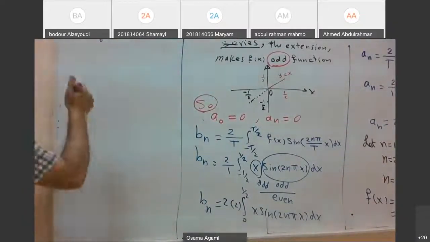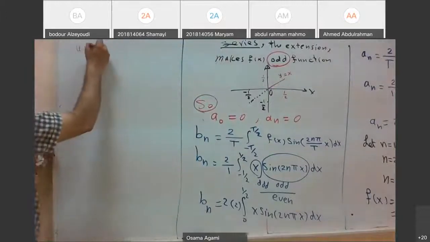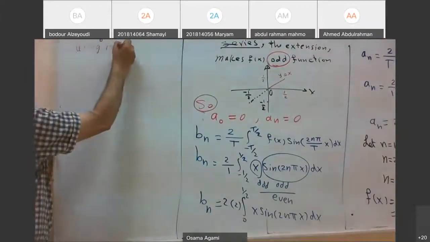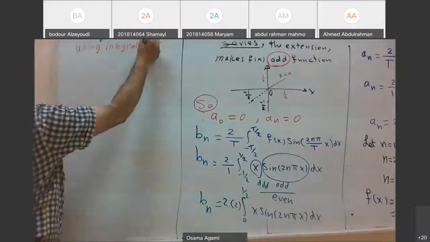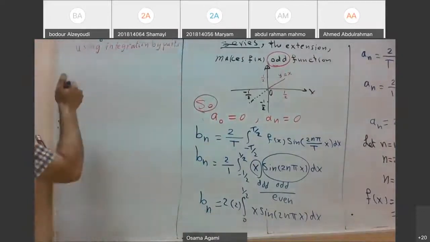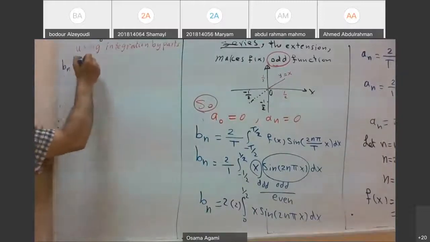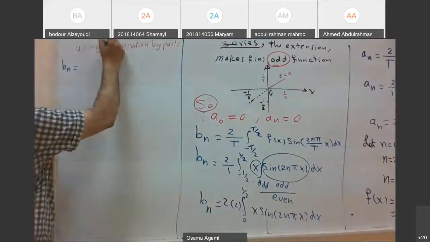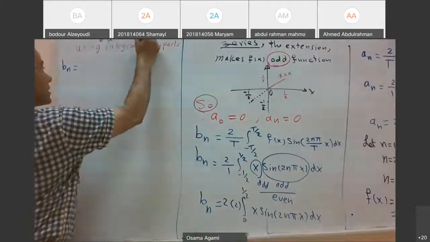What is the integration by parts? Using integration by parts, Bn will equal, I'll take this one as u and this one as dv.